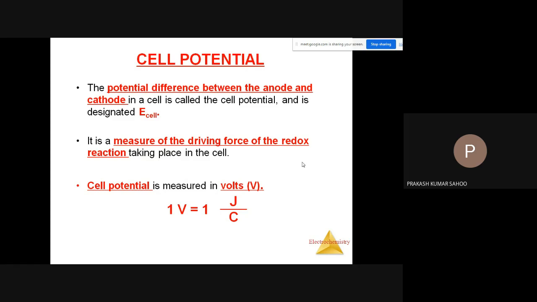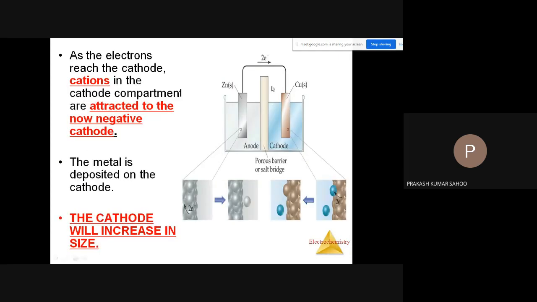What is electrode potential? Here, this is the zinc electrode and this is the copper electrode. Zinc gets oxidized and copper gets reduced. It is the potential of the zinc electrode to get oxidized, so this is known as the oxidation potential, and this will be the electrode potential of zinc.